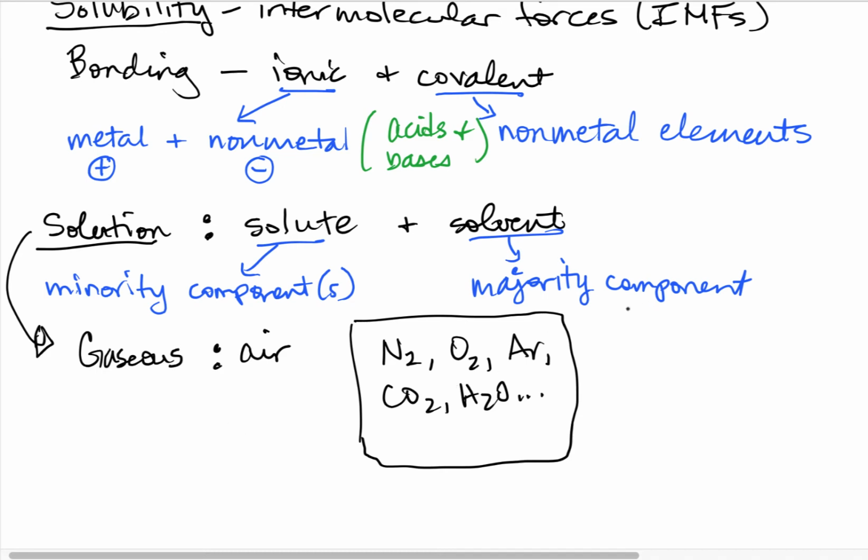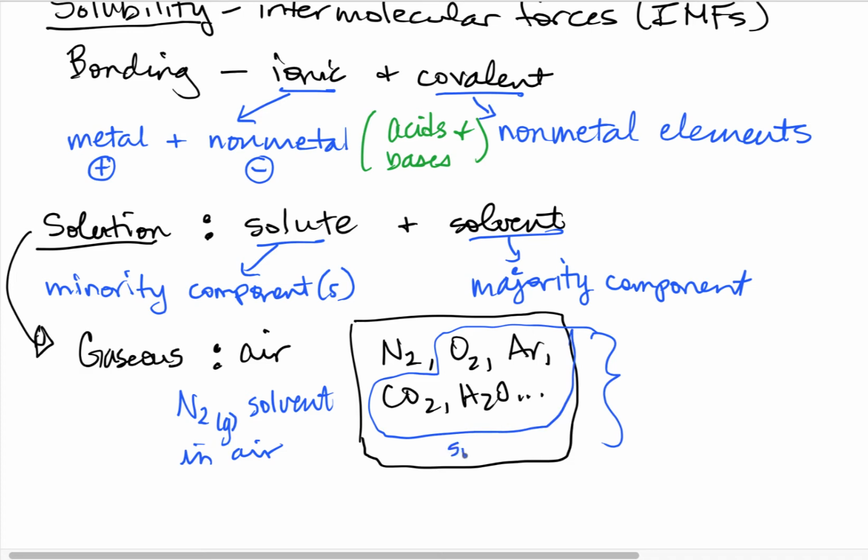But only one of them is the majority, and we know that that one is nitrogen. So nitrogen gas is the solvent in air, and all of the other gases that are present in the air are solutes, dissolved in the nitrogen majority.